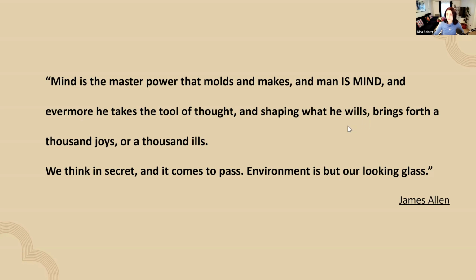And same thing if we think about our results and if we hold the picture, and this is why I insisted that you write down your want list and your goal over and over again, and repeat it over and over again, it will also come to fruition and become a reality. So you have the choice to orient or direct your tool of thought so that you can shape what you will.